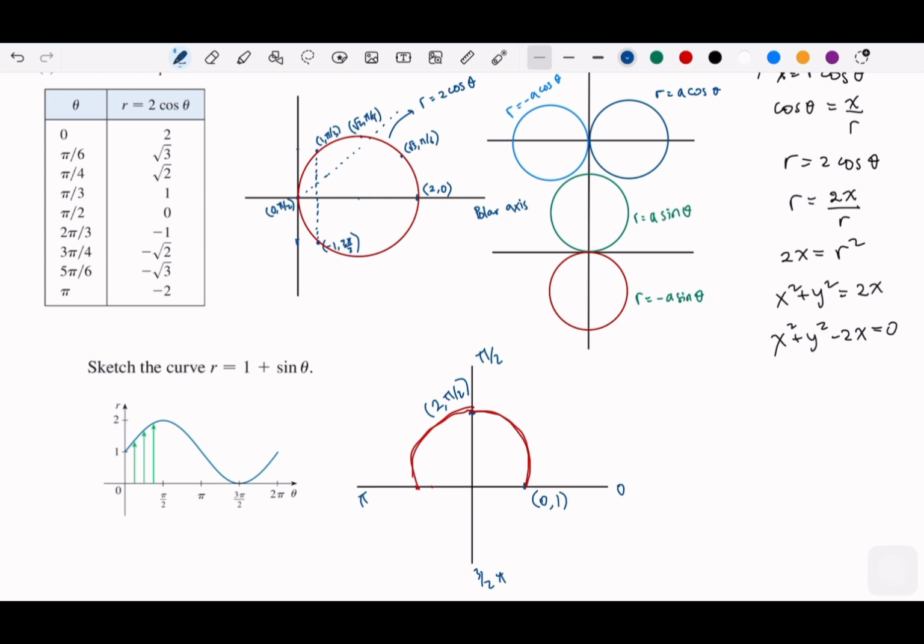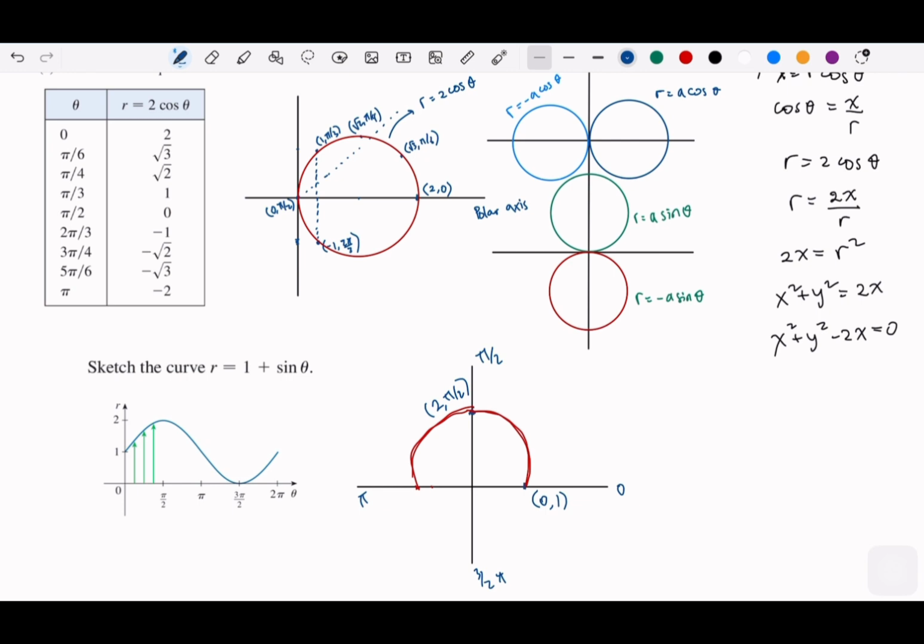And then notice that at 3 over 2 pi, r goes to 0. So from this point we move, we stop here, and when we try to move again, before we cross this, it's going to be 0. Okay, so it's going to move that way. Okay, so we have that line.